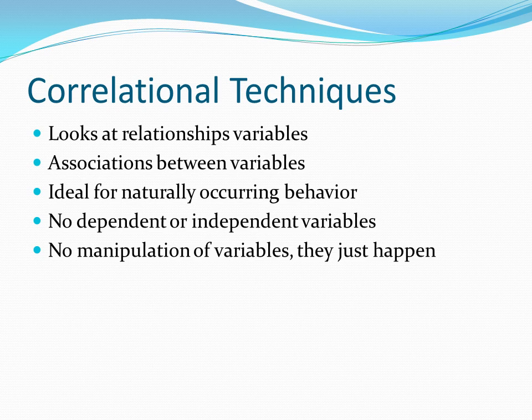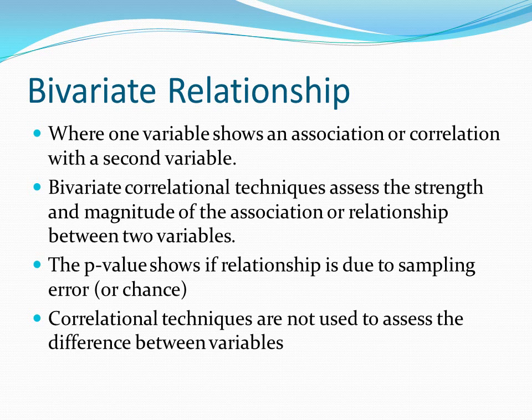The one thing I like to throw out there with correlation is that it is directional. Once we move on into our slides, you'll see what I'm talking about with directions. This is pretty much what we've already introduced. The bivariate relationship: bivariate meaning two variables in a relationship, where one variable shows an association or a correlation to a second variable.